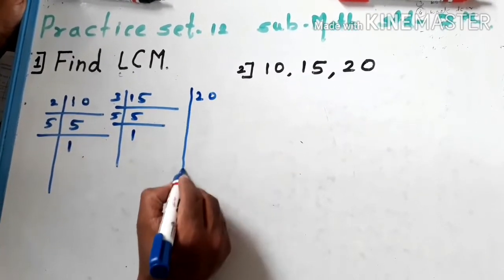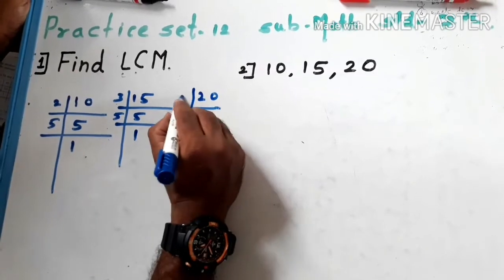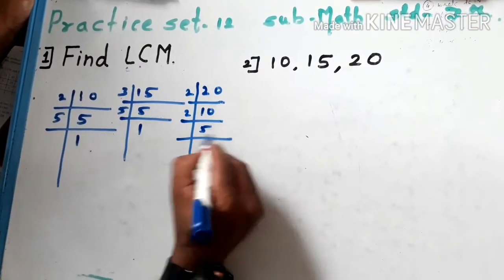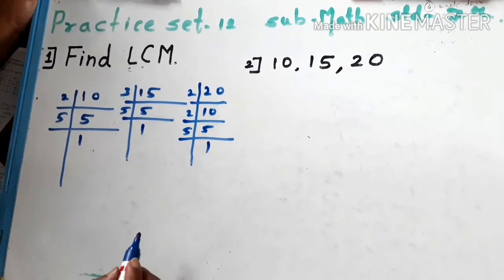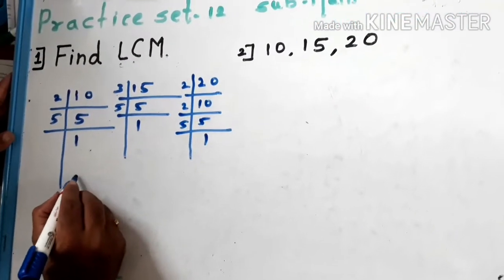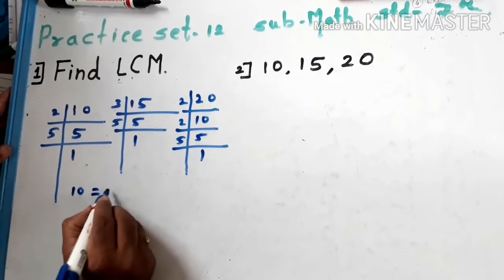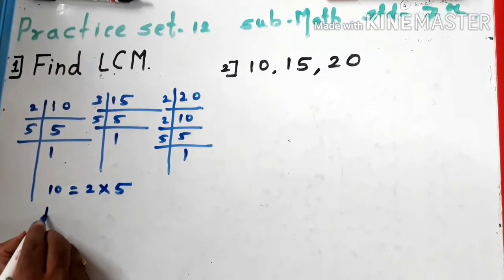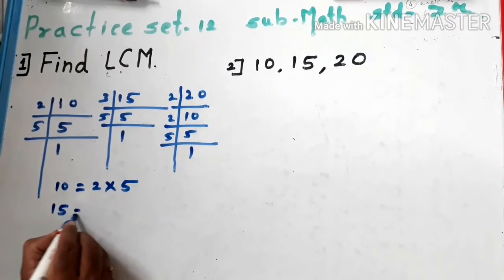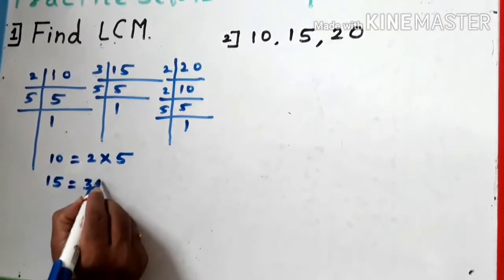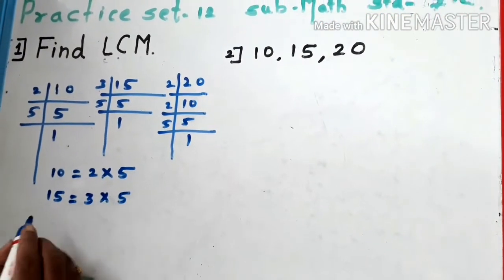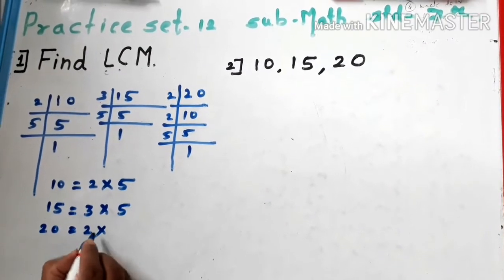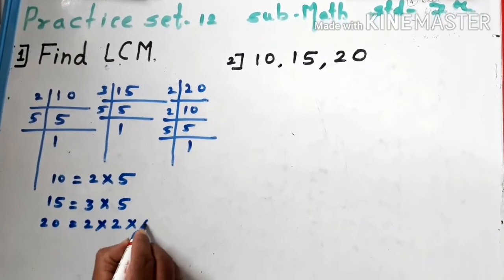So 20 is divisible by 2, giving 10, and then 5. Take the factorization in this way. 10 is equal to 2 into 5. 15 is equal to 3 into 5, and 20 is equal to 2 into 2 into 5.